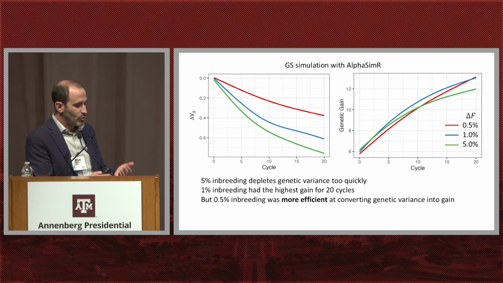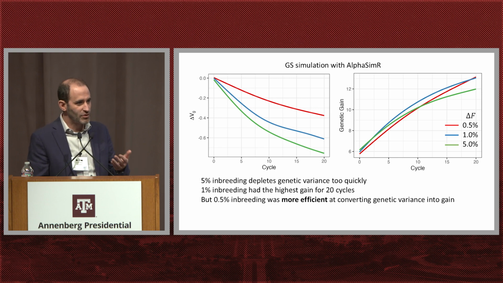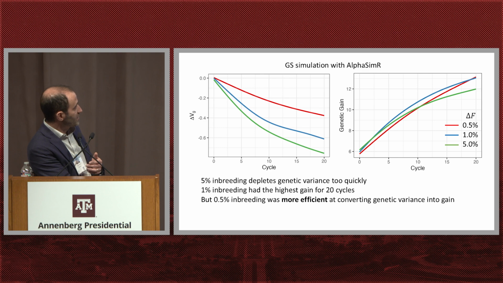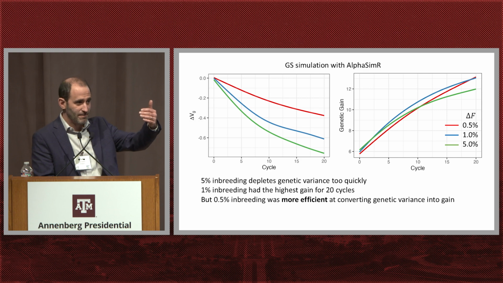The 0.5 and the 1% are more of a toss-up. It depends upon your time horizon. I mean, if your job depended upon reaching a certain target in 10 years, you might say, well, I'm going to target 1% because, after 10 cycles, you do have a little bit of advantage of the blue compared to the red. But look, by 20 cycles, the 0.5% has caught up to the 1%.